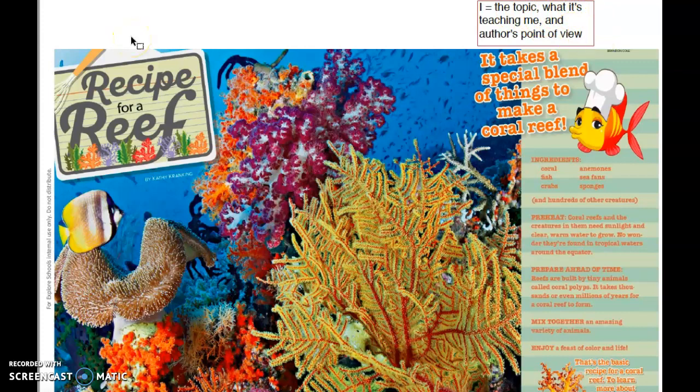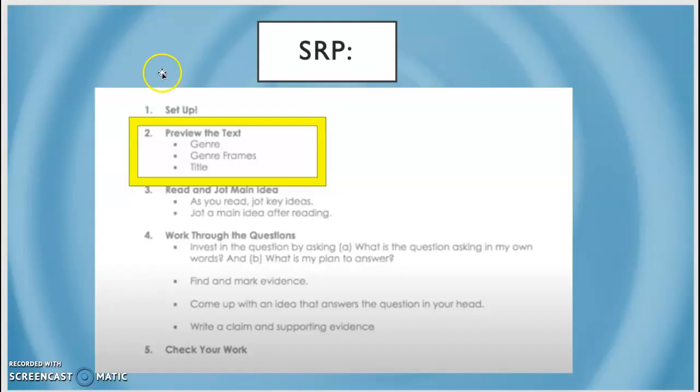Take a second now to add those genre frames and those thinking jobs to your note paper to guide your thinking as we go. Alright, so now we know that it is an informational text and we know those thinking jobs or the genre frames that will help us understand it. Let's also take a second to think about the title. The title of this informational text is Recipe for a Reef.